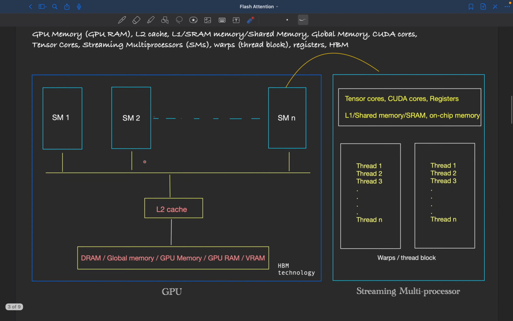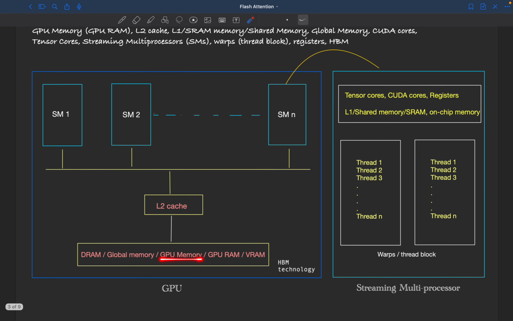For example, if you want to get the data from GPU memory to, let's say, one of the SMs, or maybe one of the tensor cores, it might require, depending again on the architecture, 300 to, let's say, 400 cycles. If you want to get some data from L2 cache to L1 cache, maybe we might require less, 200 to 300 cycles, right? That depends on the kind of task, and on various other attributes too.